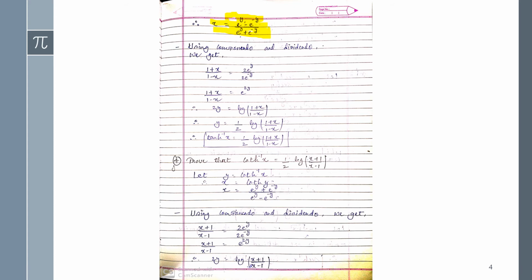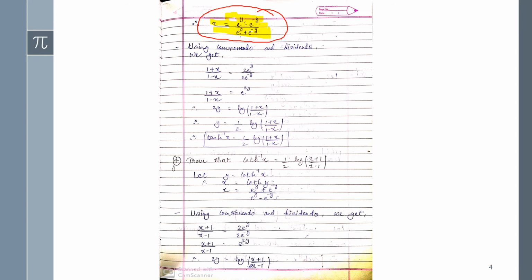upon 1 minus x. So here only in this equation, one minute guys, I am also circling this equation. So in this equation we are finding the value in the 1 plus x upon 1 minus x form. So 1 plus this and 1 minus this.